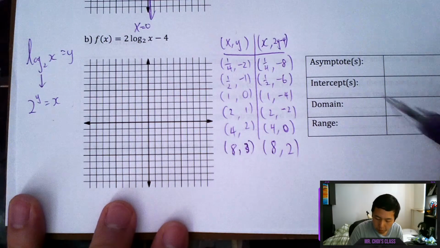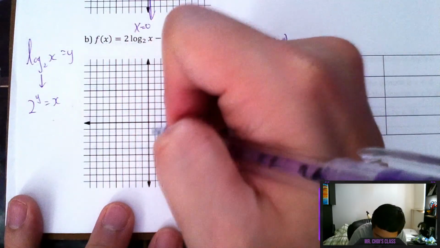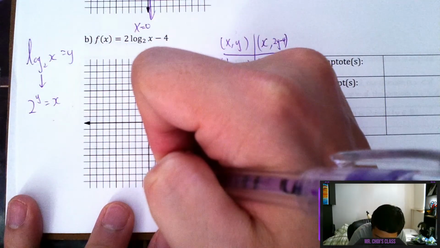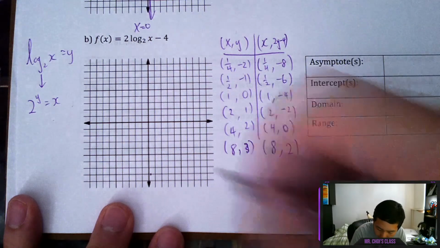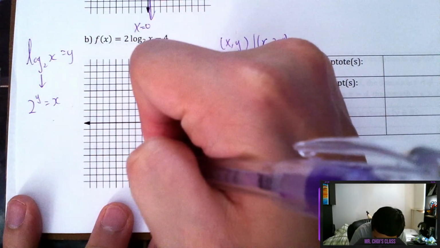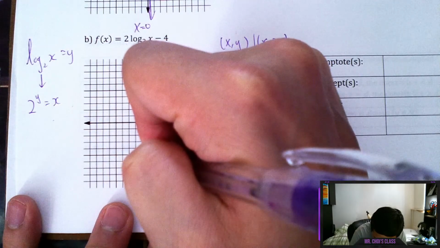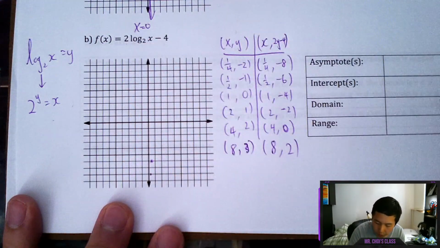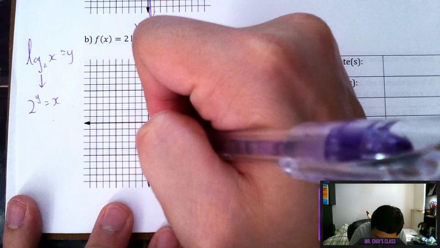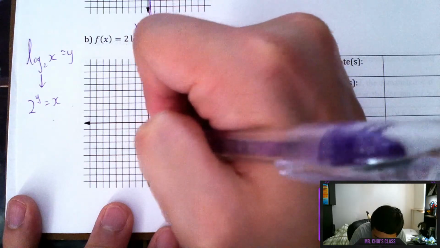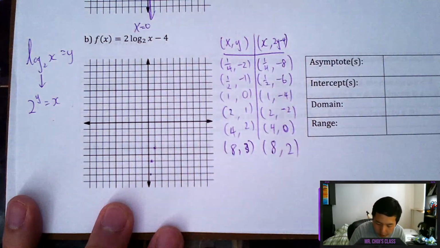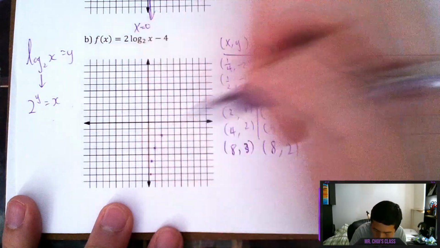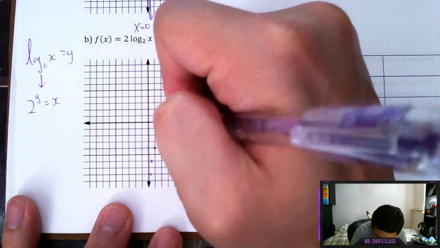So now we can plot our points. 1/4, -8. So -8 would be down here. So 1/4 maybe somewhere here. And then 1/2, -6. Somewhere there. 1, -4. And then 2, -2. 4, 0.